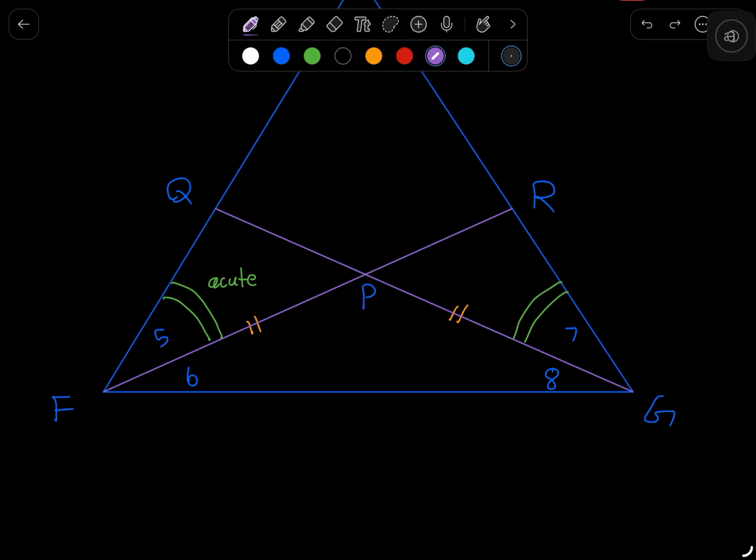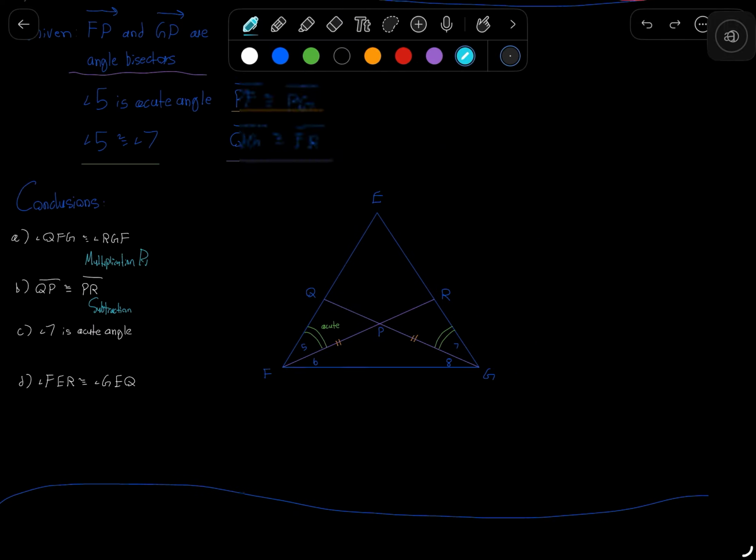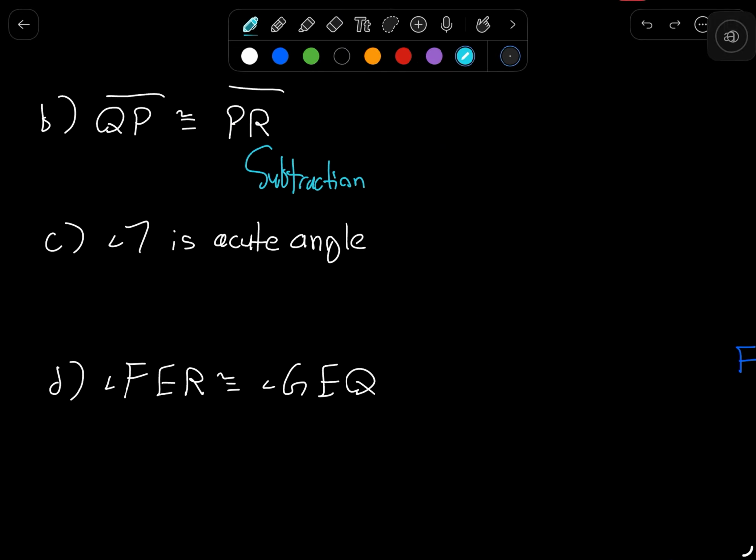If you know that angle 5 is an acute angle, and we also know that angle 5 is equal to angle 7, you can say that angle 7 is also an acute angle because of the substitution property. You can substitute that acute property of angle 5 into angle 7. So this is going to be substitution.